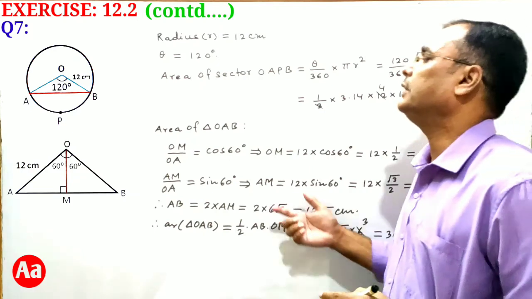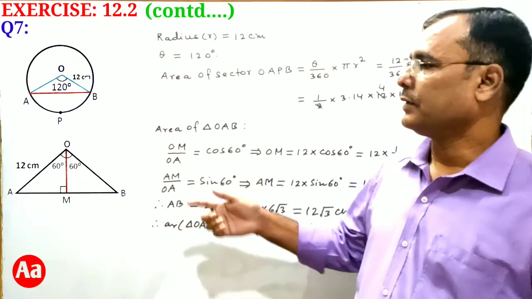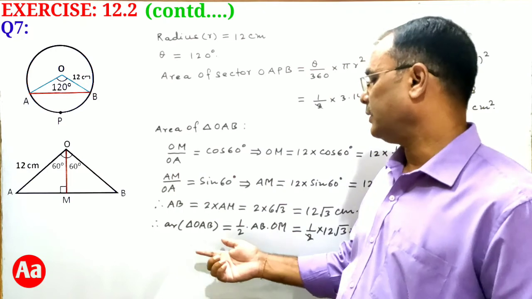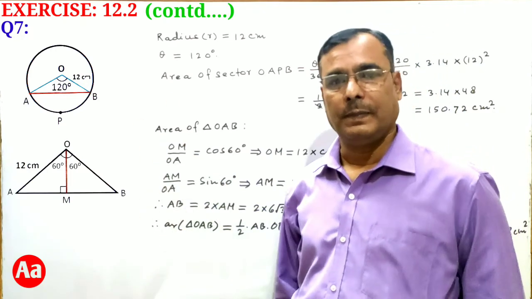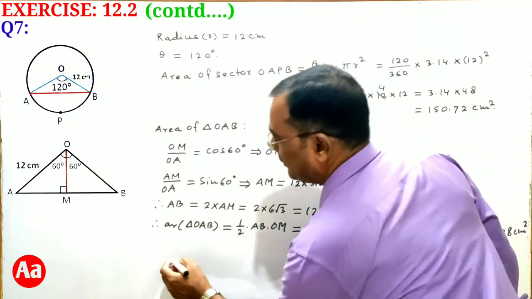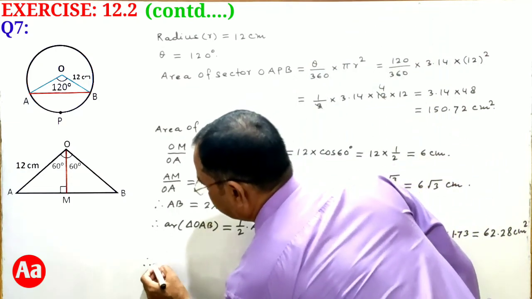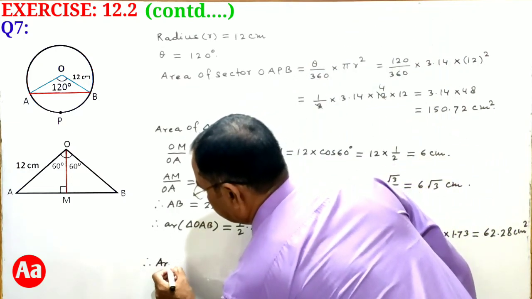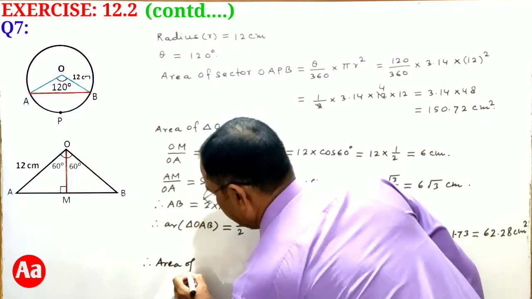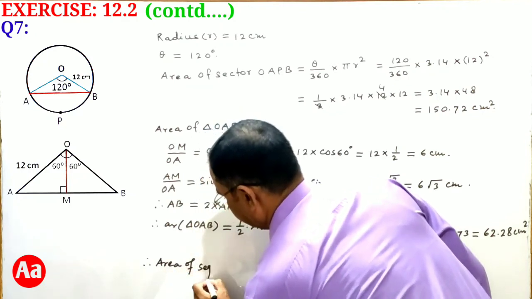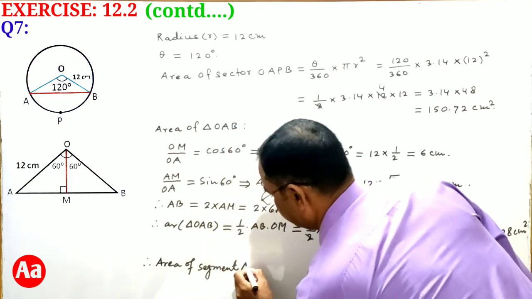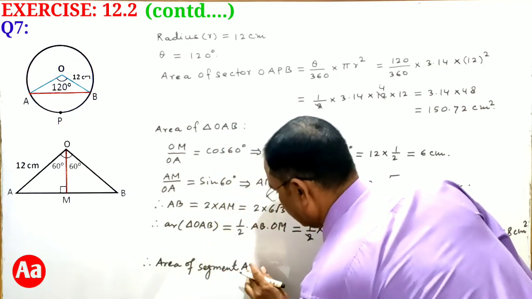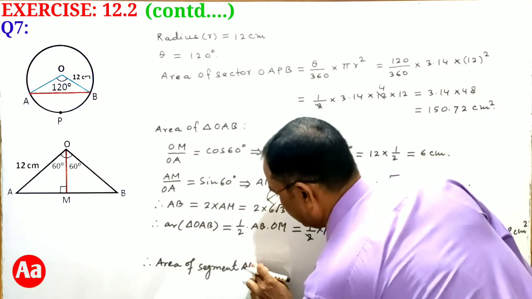So we have found the area of sector OAPB and also the area of triangle OAB. So we can calculate the area of segment APB.